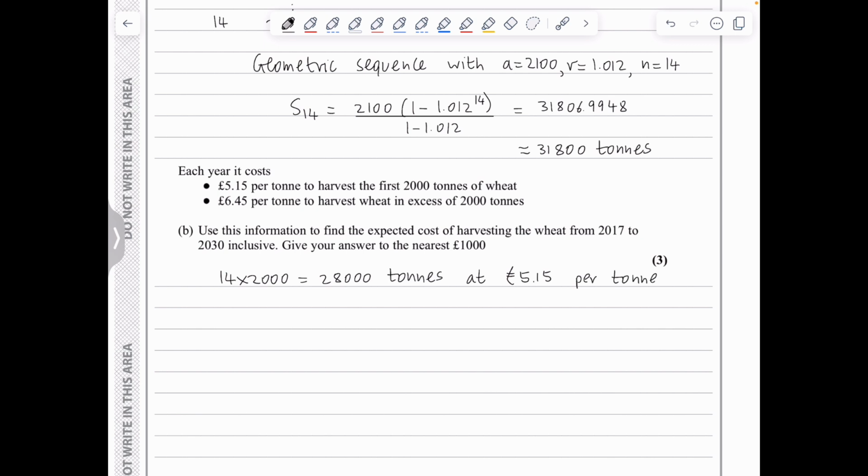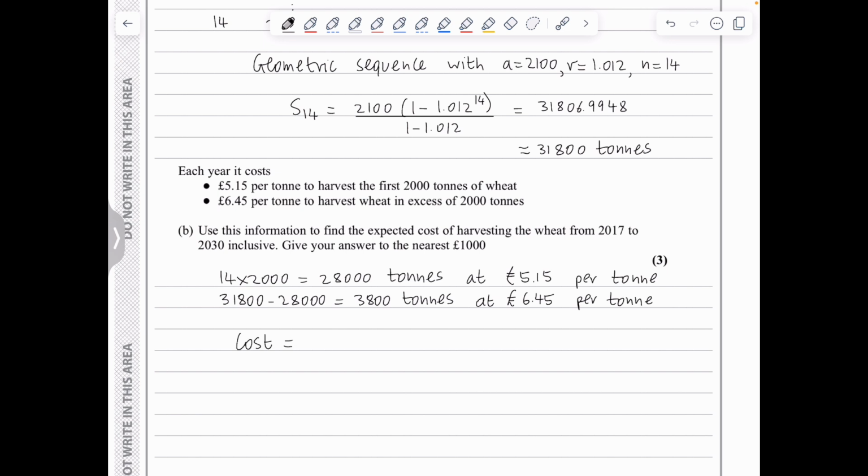additional price of $6.45. So we have already found from part A 31,800 tons will be the total harvest over the 14 years. So 31,800 minus the 28,000, this gives 3,800 tons that will be charged at $6.45 per ton. So I can now proceed with some simple multiplications to find the total cost.